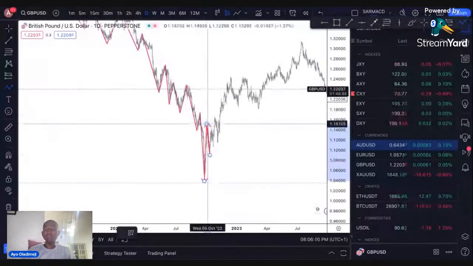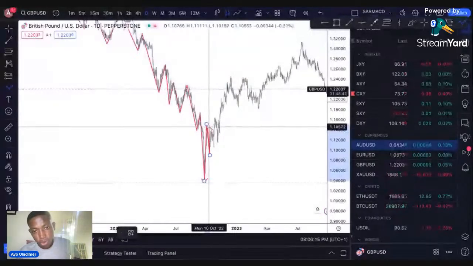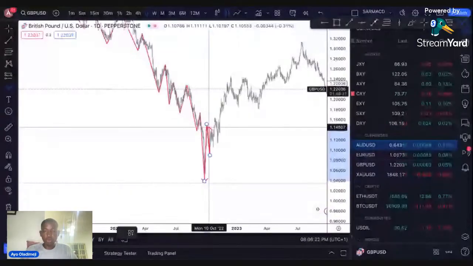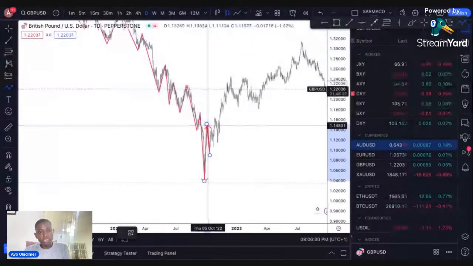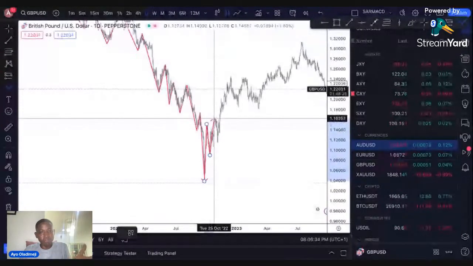If the downtrend is going to continue, it was not supposed to break this previous high, this lower high. In the downtrend, the highs are not being broken, it's the lows that are being broken by price. But here now it has broken the high, so it's a change of trend.